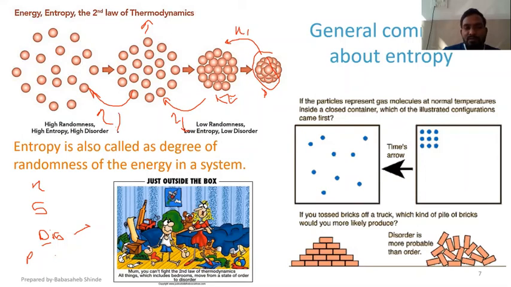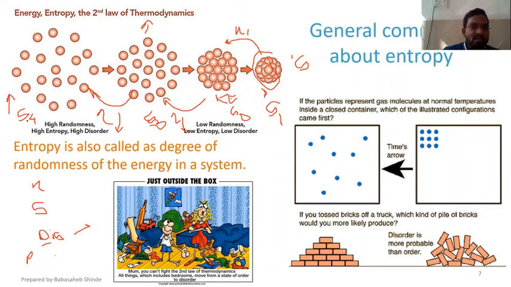And if you further convert that energy form into some other form, with increasing degree of disorder, the efficiency will further decrease. Okay, so when a system changes from order to disorder, its entropy increases. Suppose this is S1, this is S2, this is S3, and this is S4, then S4 will be the highest one.